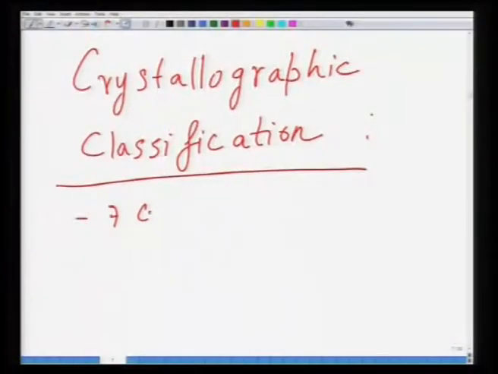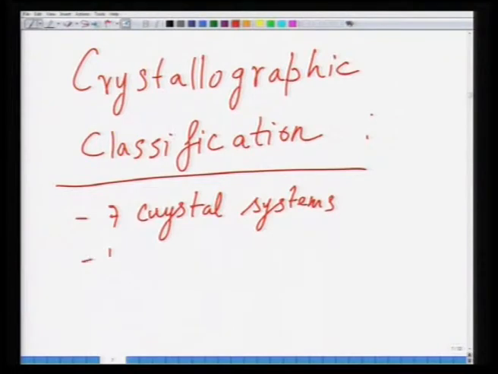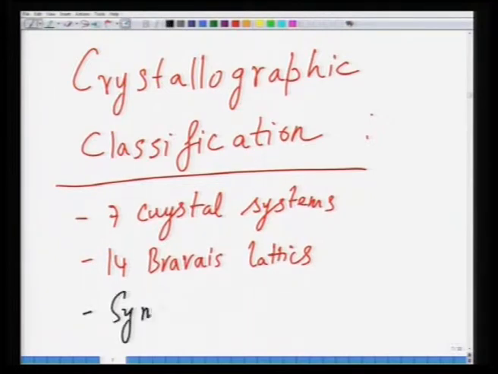Now, we know there are seven crystal systems, as we have learnt in module 1. Then you have 14 Bravais lattices, and on top of that you have a variety of symmetry operations that we talked about in the first module.